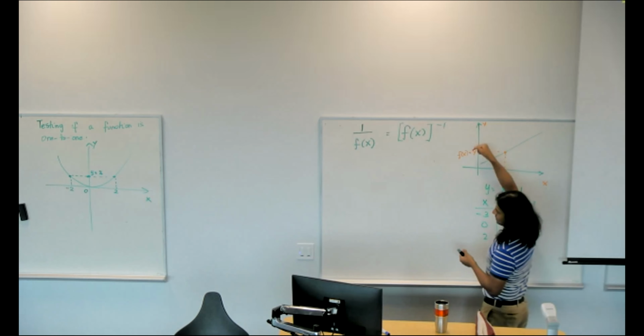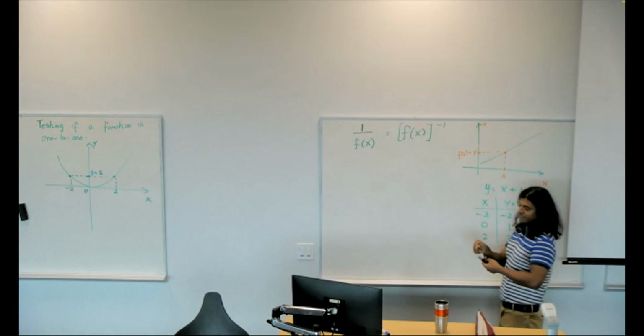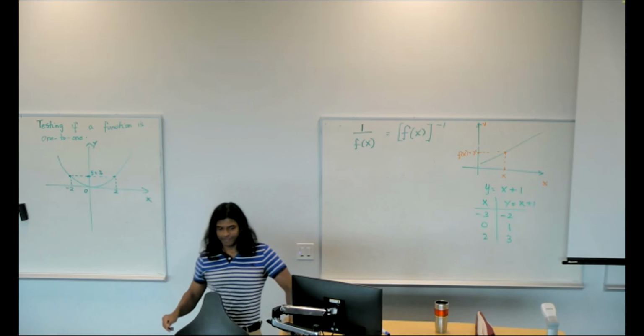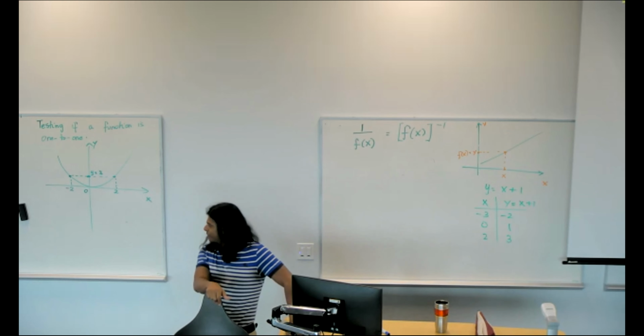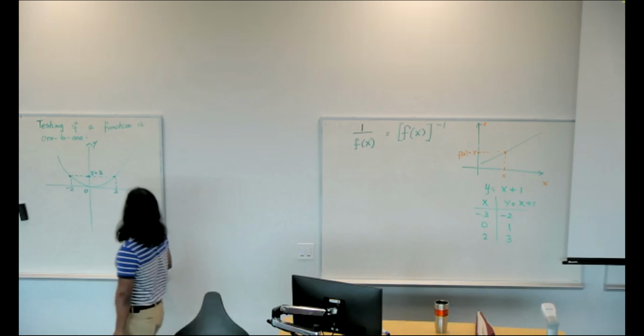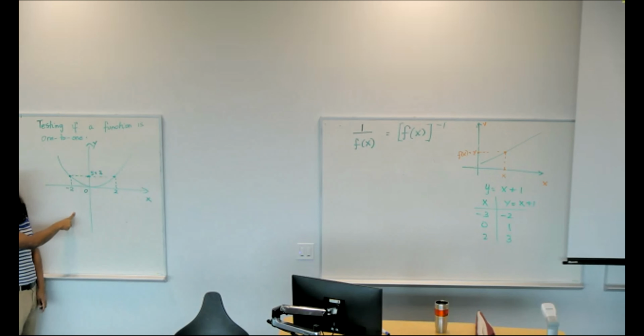One direction, backwards. If I say, if y is 3, what is the value of x? What would you say? Positive or -2? It has 2 values. It cannot have 2 values if you want to find an inverse. This function is not 1-to-1. 1 x doesn't result in 1 y.